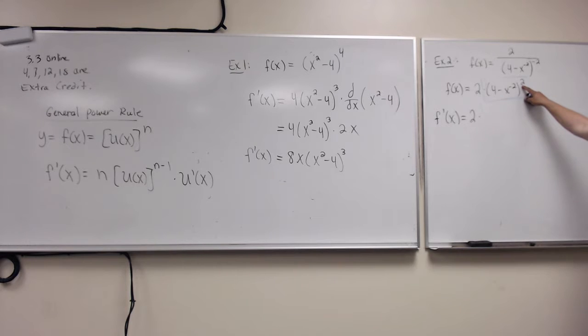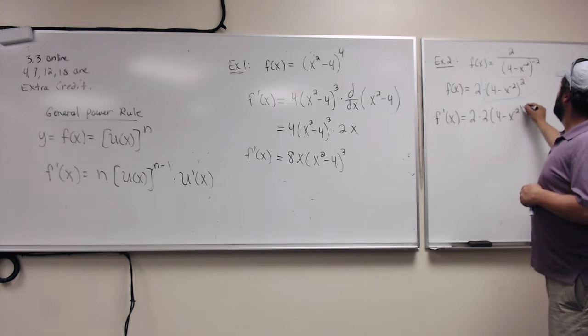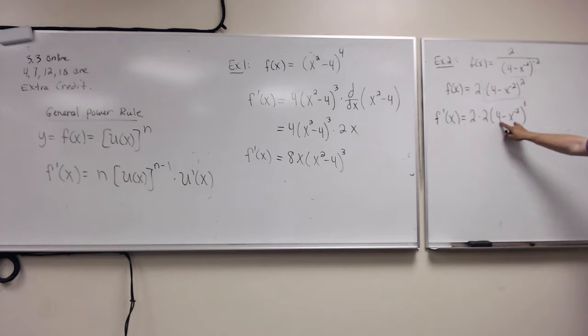This 2 can come out front. So you bring the 2 down front, reduce the power by 1. Make sure you keep that function in the parentheses the same. Then I multiply by the derivative of what's inside.